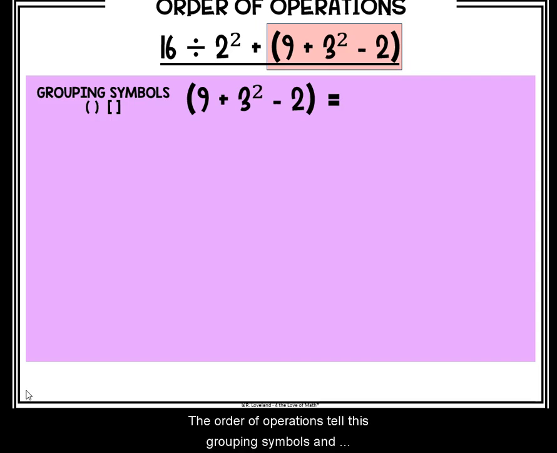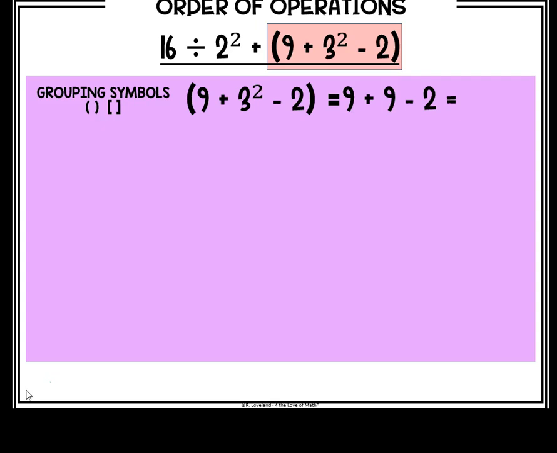So order of operations tells us grouping symbols, and then it tells us exponents. We have an exponent in those grouping symbols, so we're going to do the exponents first. We're going to find out that 3 squared gives us 9, and then we're going to replace that 3 squared with 9, so we have 9 plus 9 minus 2. That's what's inside the parentheses. Next, we would do multiplication or division, which we do not have.